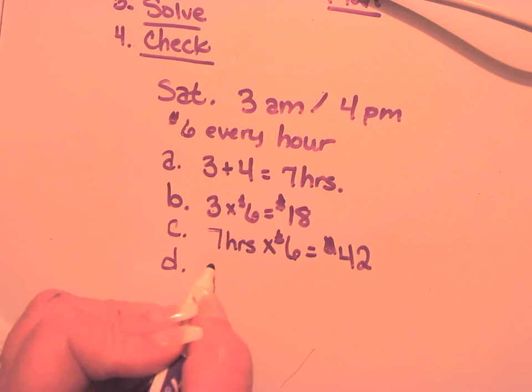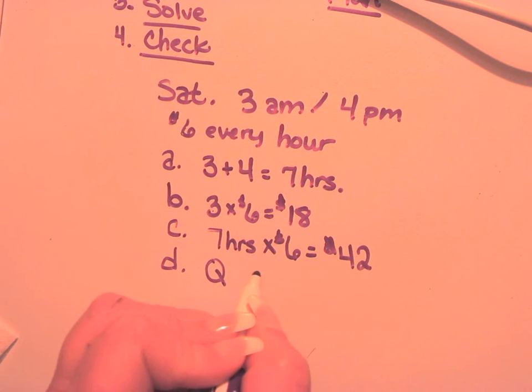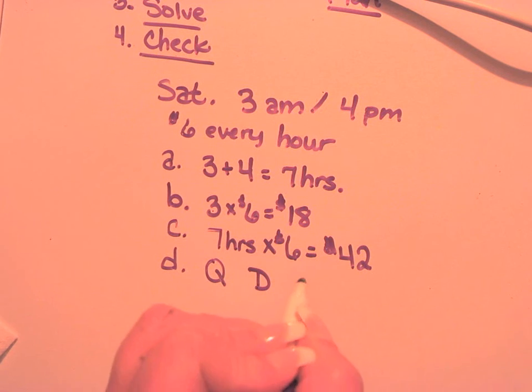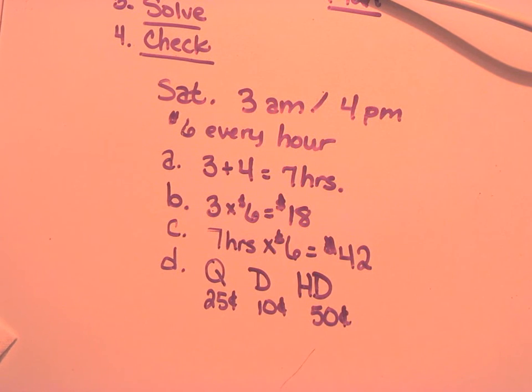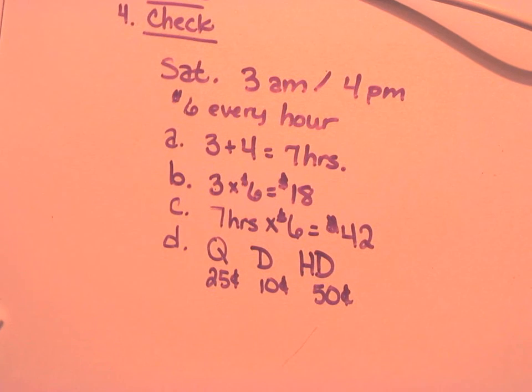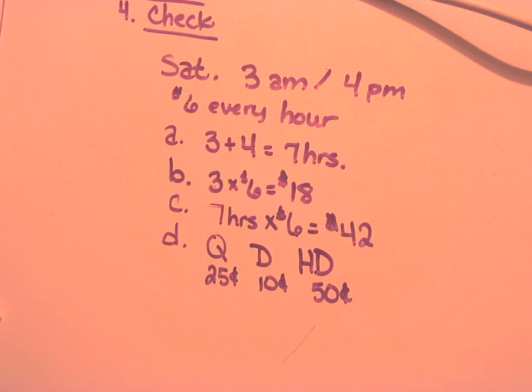We have a quarter, we have a dime, and we have a 50-cent piece. The quarter's worth 25 cents, the dime's worth 10 cents, and the 50-cent piece is worth 50 cents. And we can only have 2, so we kind of want to do what we did in that other one and kind of figure out a chart. How much money could we make and name the amounts.